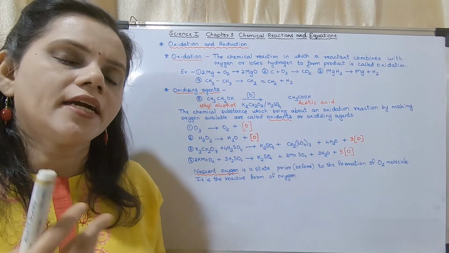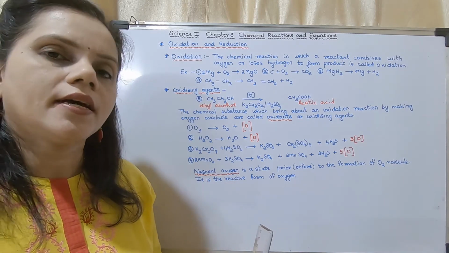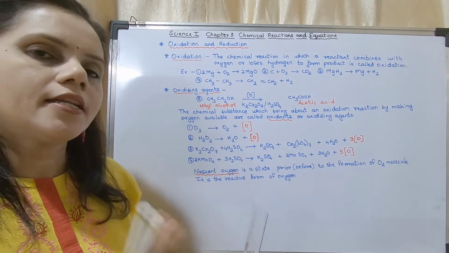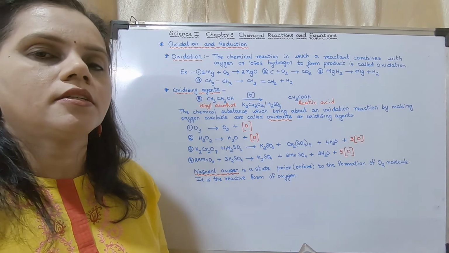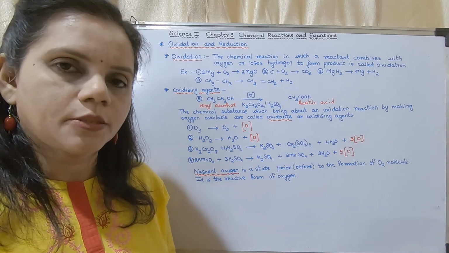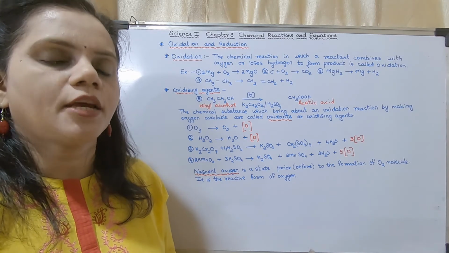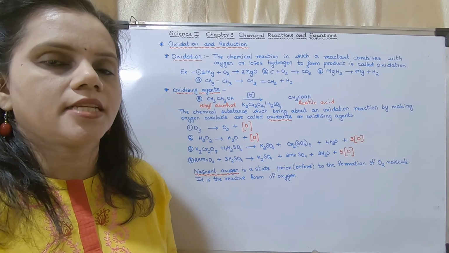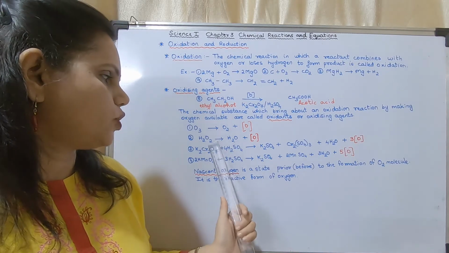So when you carry out a reaction, if you add ozone to it, then it will help in the oxidation reaction. Take another reaction, any type of reaction, such as decomposition, but the reaction needs an oxidizing agent, somebody who will provide oxygen.